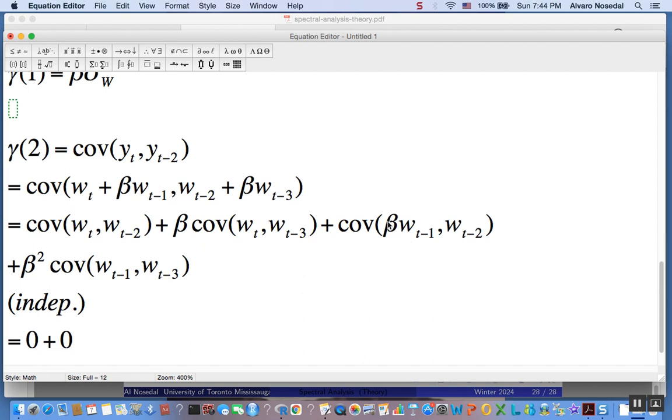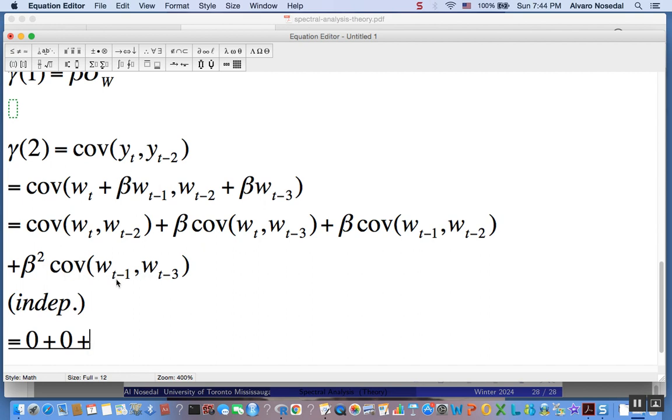The covariance between W_{t-1} and W_{t-2}, we get to factor out that beta. Let me pull it here. What you have is again a 0. Fourth and last term.